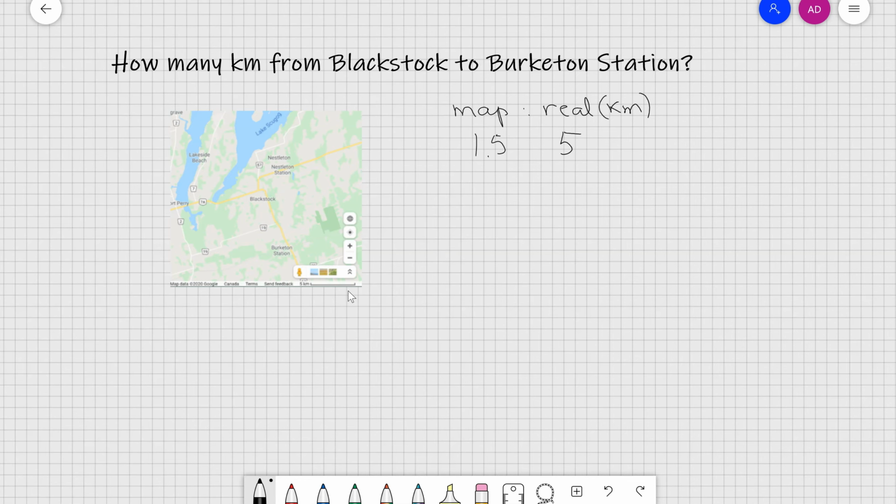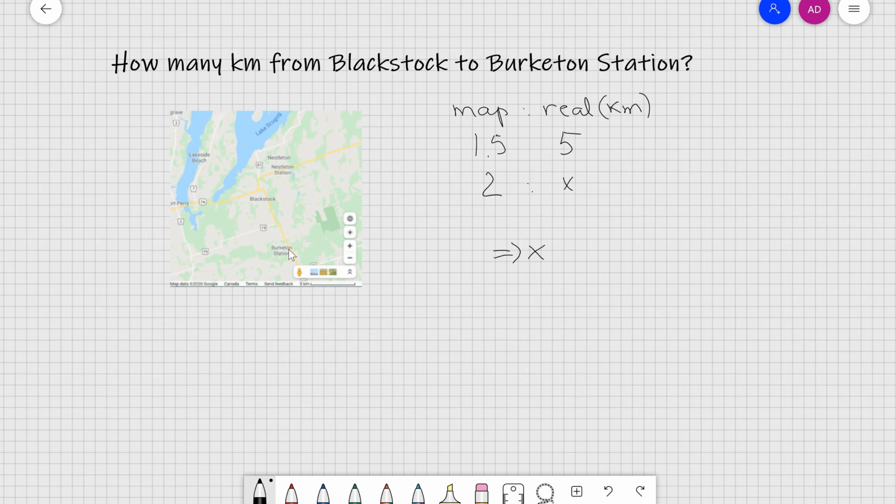And when I measure the distance from here to here, I would say 2 centimeters on the map. How many kilometers? Obviously the longer the distance on the map, the longer in reality. So it's the same direct proportionality.